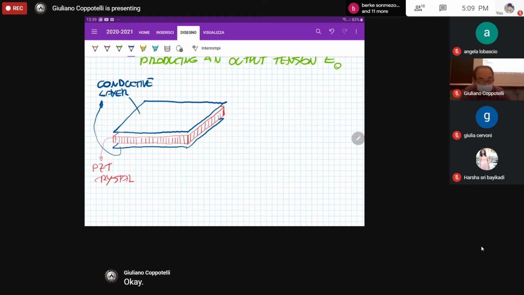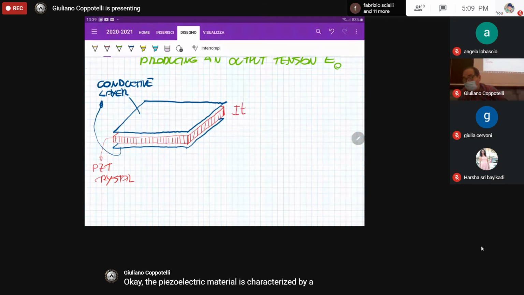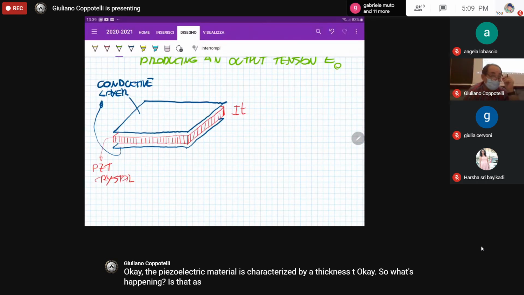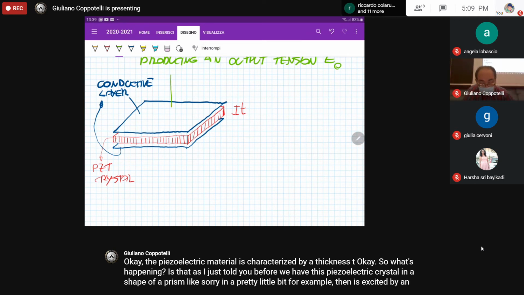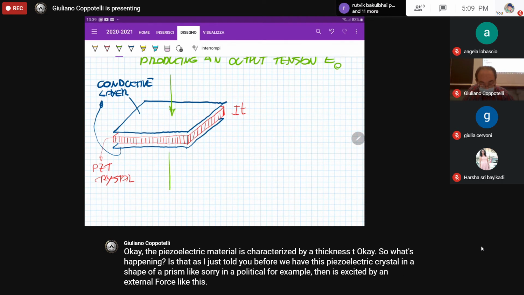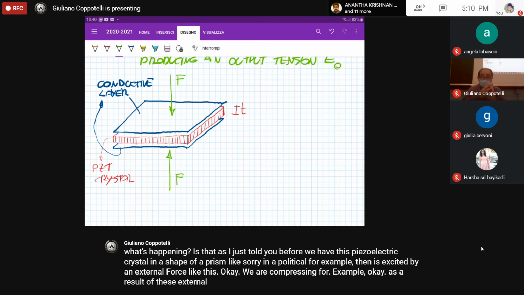Okay, the piezoelectric material is characterized by a thickness T. So what's happening is that, as I just told you before, we have this piezoelectric crystal in the shape of a prism, like a parallelepiped, for example, then is excited by an external force like this. We are compressing, for example. As a result of this external force, the PZT material is changing its dimension.